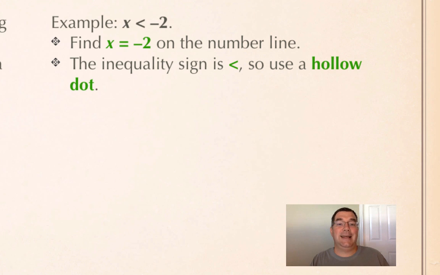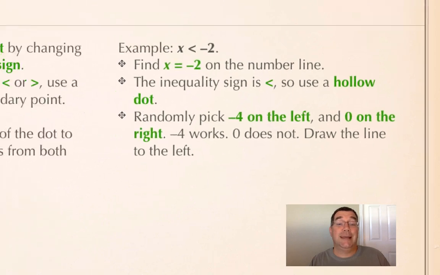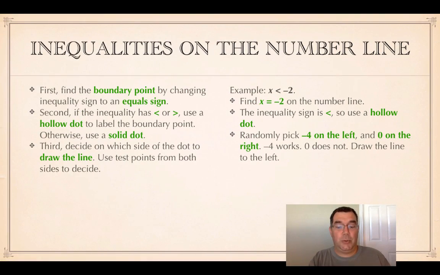It's got a less than sign, not a less than or equal to, so I'm going to use a hollow dot for that. And I can pick numbers on either side of -2 to see which way to draw the arrow. So if I pick -4 on the left and I pick 0 on the right of -2, -4 actually works because it is less than -2, but 0 isn't. So I need to draw the arrow so that it goes through -4 and doesn't go through 0.